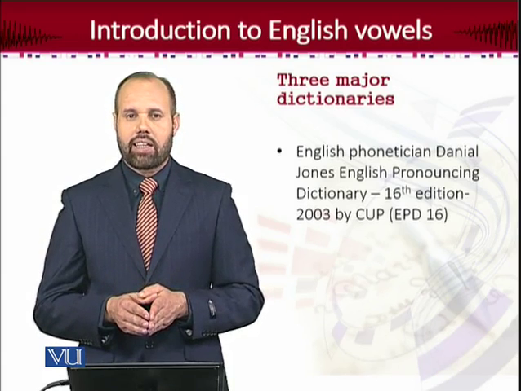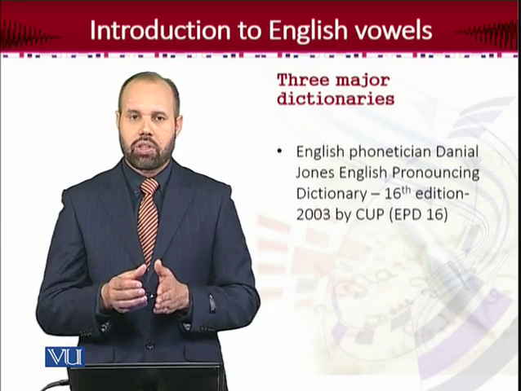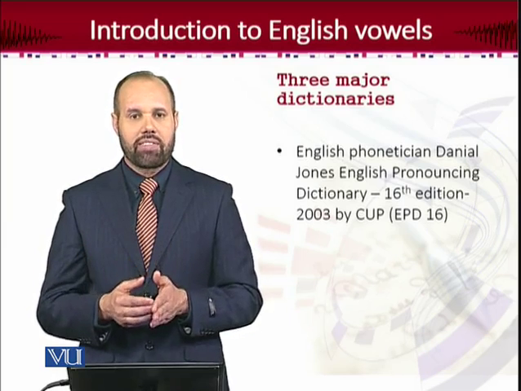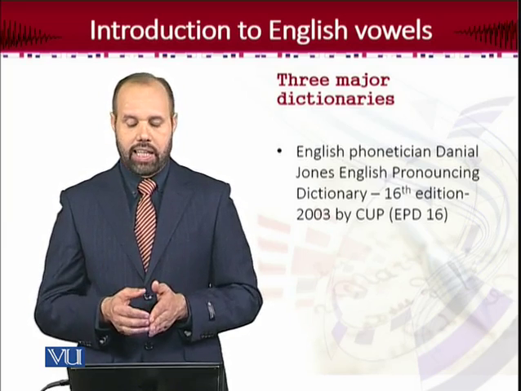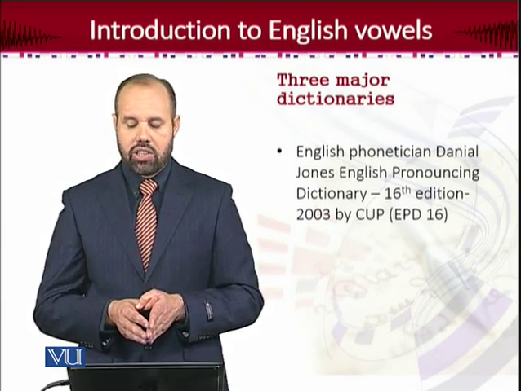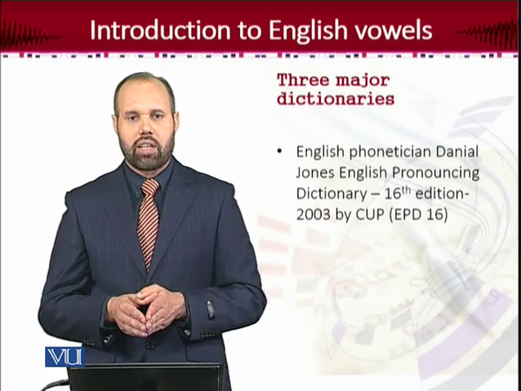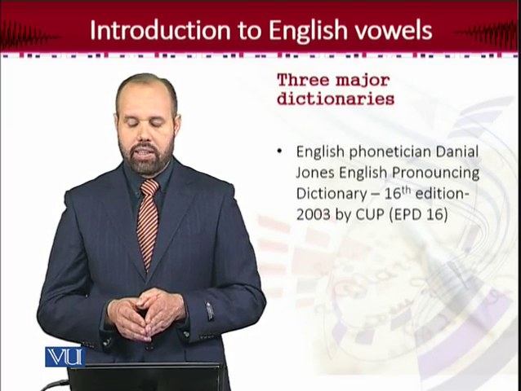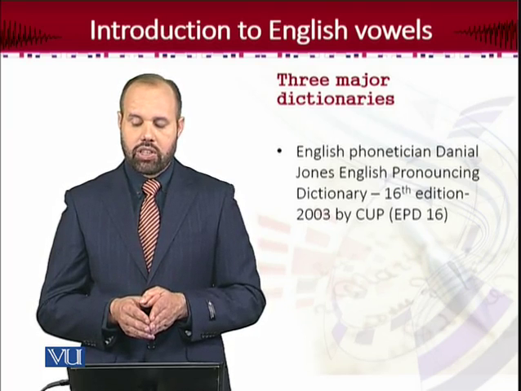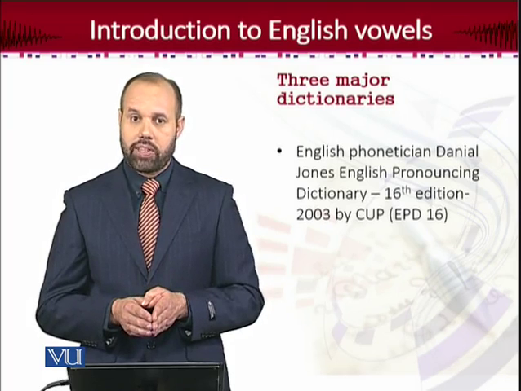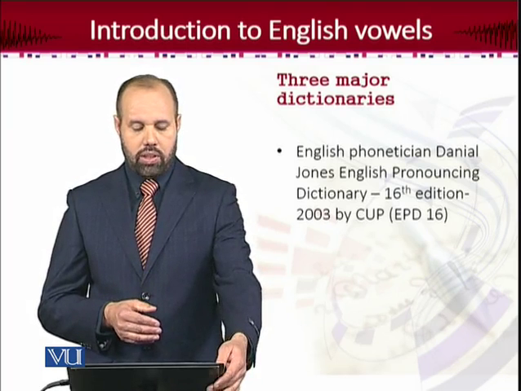Daniel Jones' dictionary not only acquired a very central position in the first half of the last century, but it is still existing. The 16th edition of the dictionary was just published in 2003 by Cambridge University Press. The dictionary is named EPD 16. So that's an important dictionary.